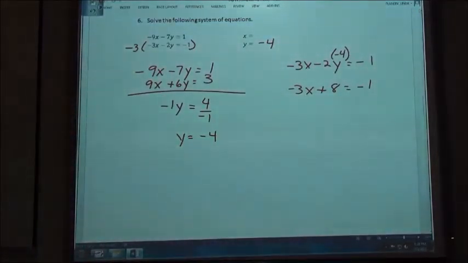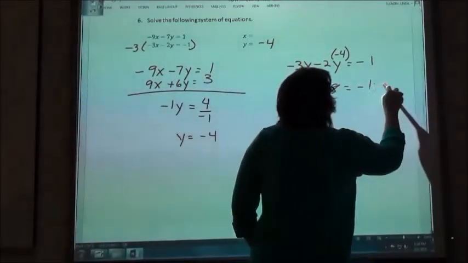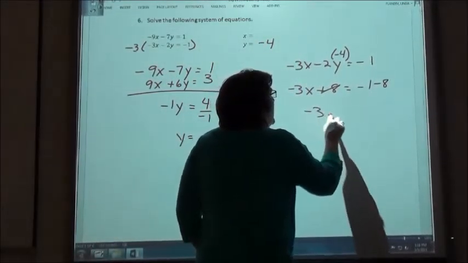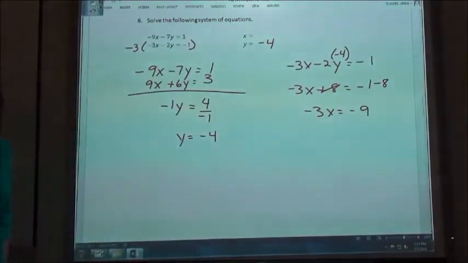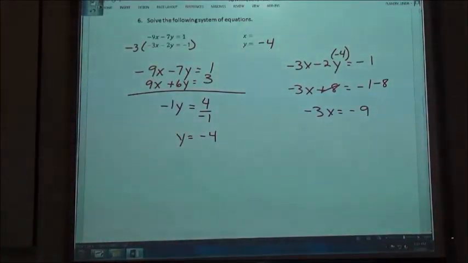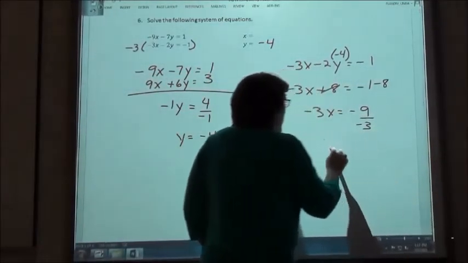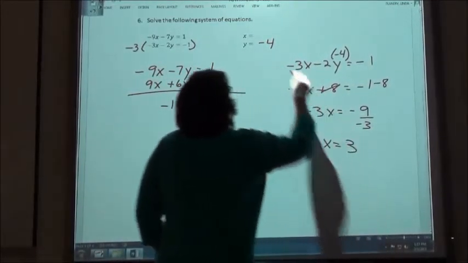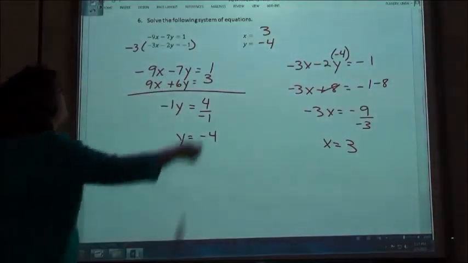If we're going to solve that, we would then subtract 8. So negative 3x equals negative 9 then. And then we're going to divide. X equals 3.